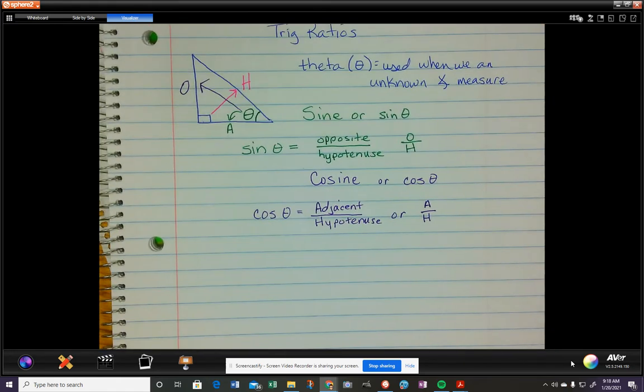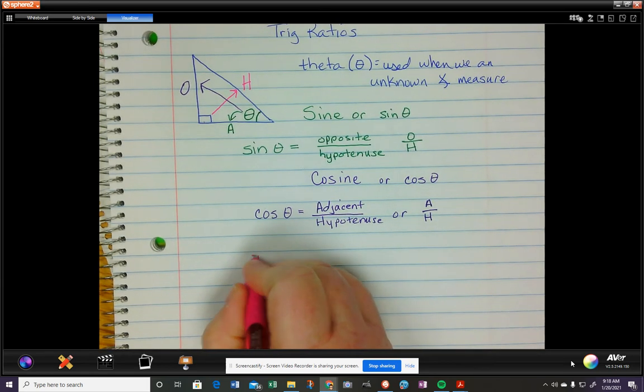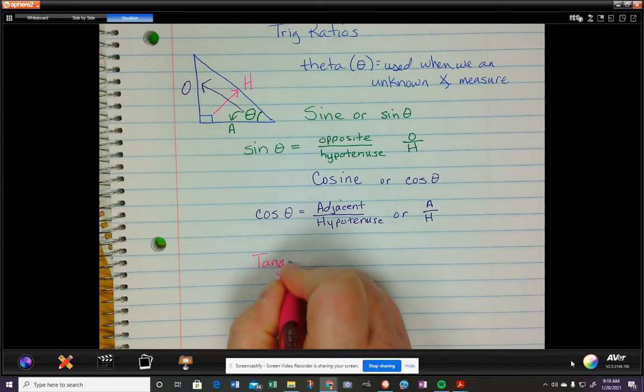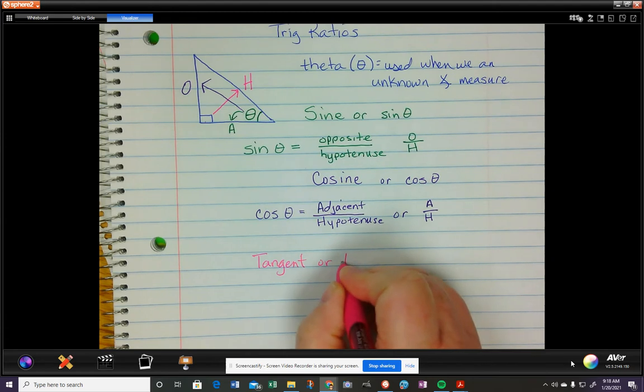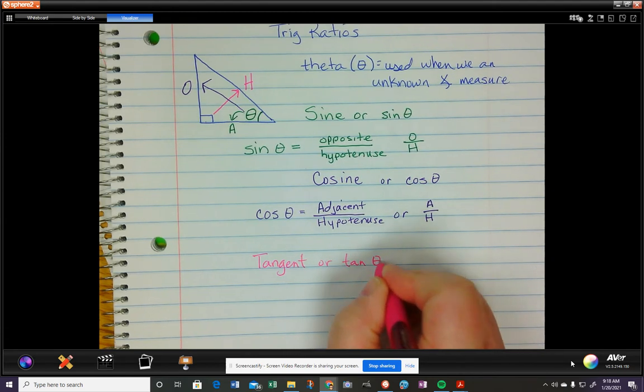And then the last one is tangent, or tangent theta.